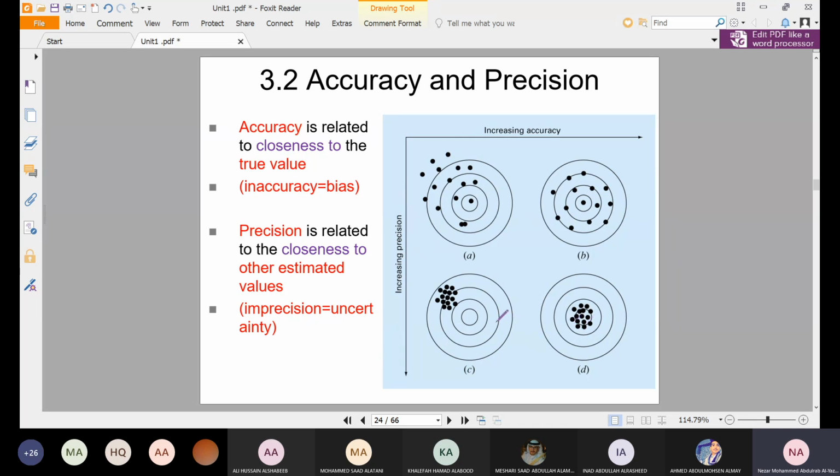That means if this is the true value, how close your shot or your result is to the true value. While precision is related to how close your measurements are, if you do a lot of measurements.